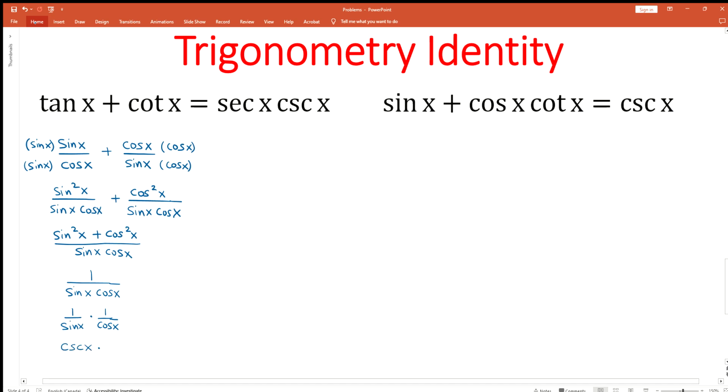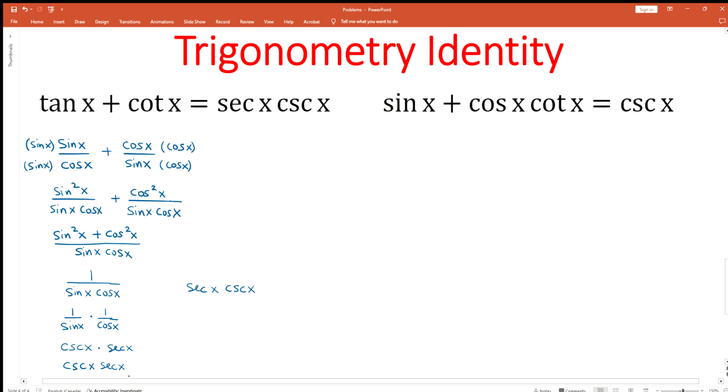The reciprocal ratio for cos is secant, so we can write 1 over cos x as secant x. Cosecant x times secant x is equal to cosecant x secant x, which can also be written as secant x cosecant x, because in multiplication order does not matter.